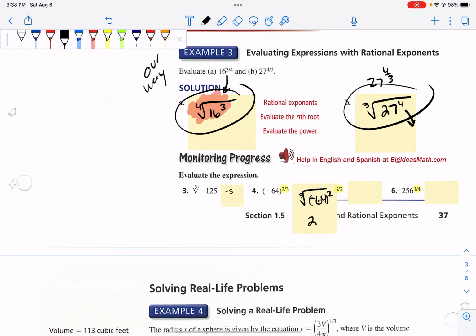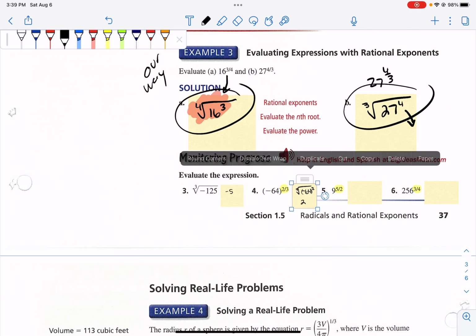Positive 2? Yep, positive 2. If you wrote that, I will give you full points, but not if you skipped that middle step. If you just plugged it in the calculator, I'm not going to give you credit for that one, okay? I need you to do the full problem, and then I will give you credit. Or I need you to write the full problem first.